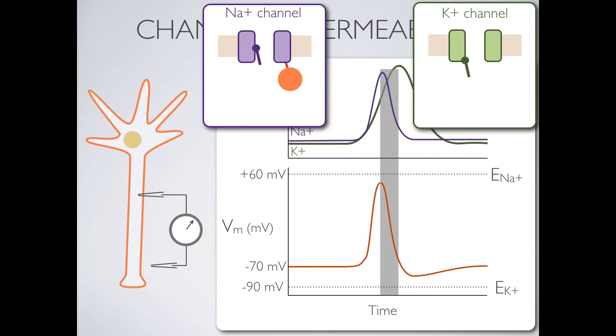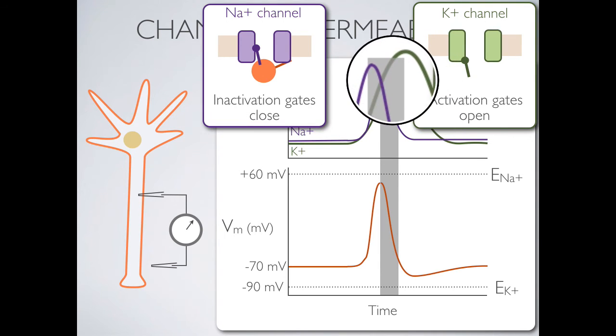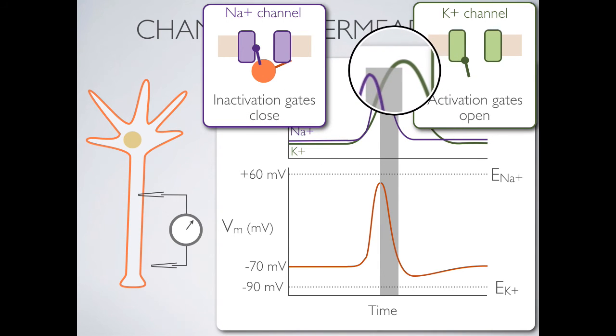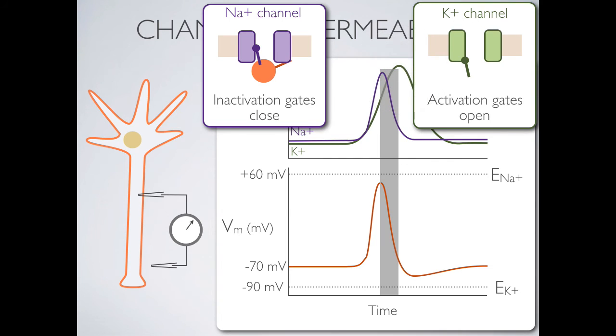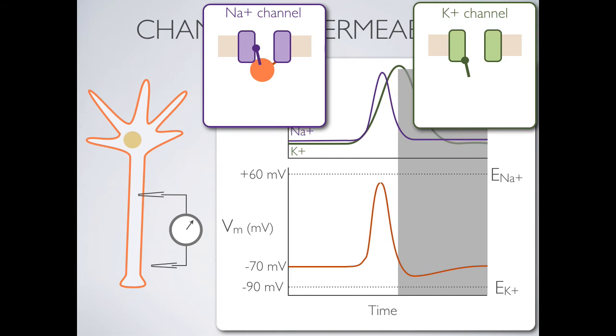And so if we move on to the repolarization, at this point in time, the sodium channels have had their inactivation gates closing the permeability for that ion, and the potassium voltage-gated channels are open and keeping a relatively high permeability for potassium, shown as that green line there. And then when the membrane is hyperpolarized, we have a return back to rest.